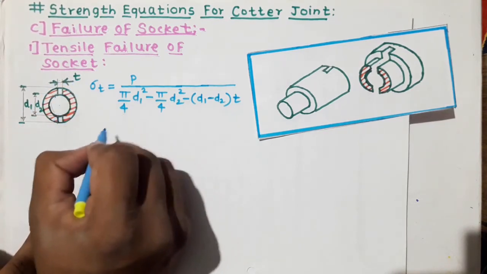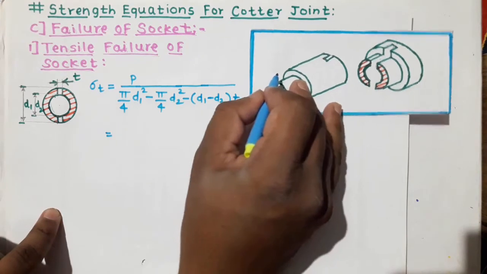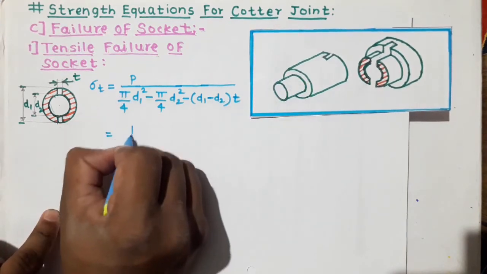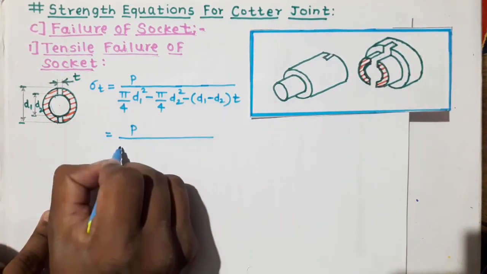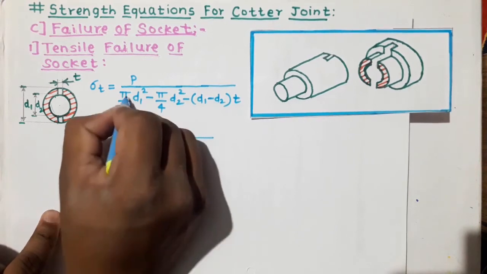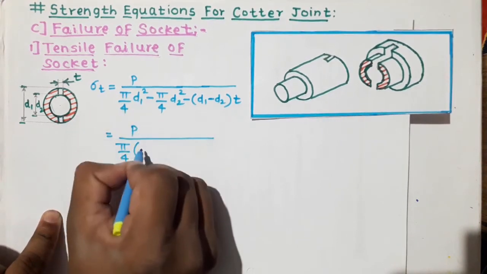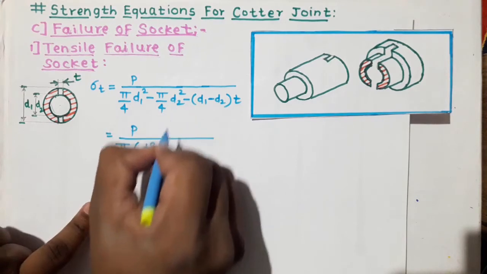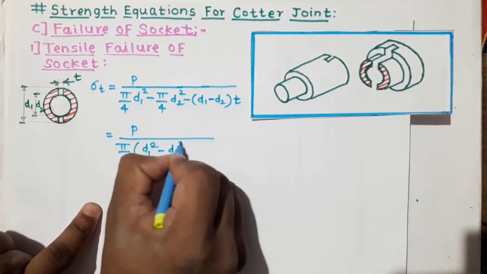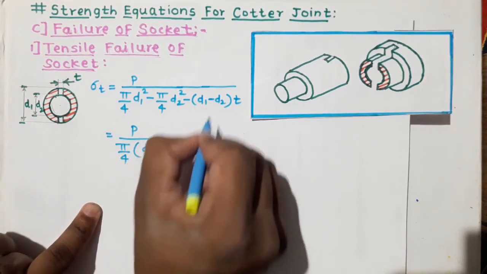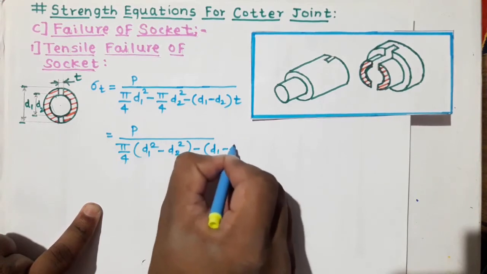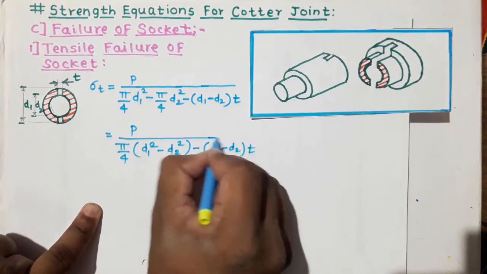If you simplify this a little bit, we can take pi by 4 common. So sigma t equals P upon pi by 4 into d1 square minus d2 square, minus this term, d1 minus d2 into t.